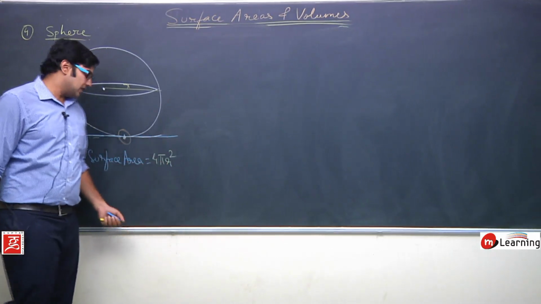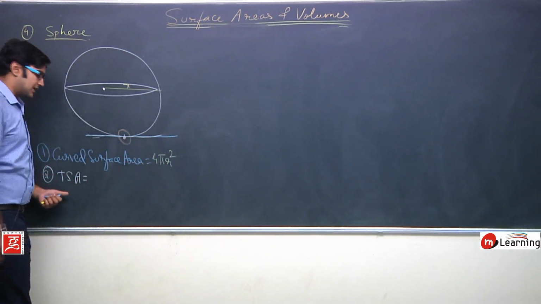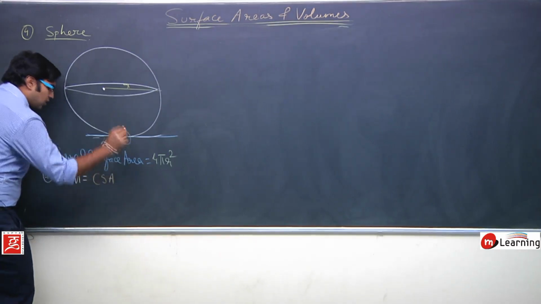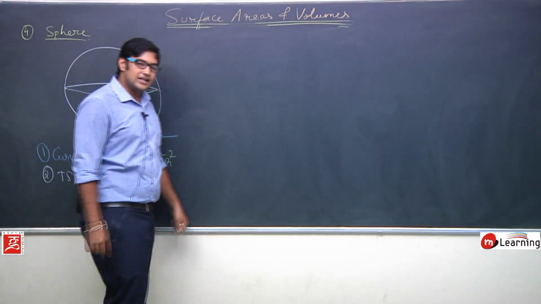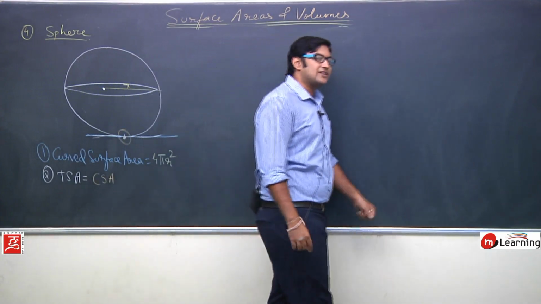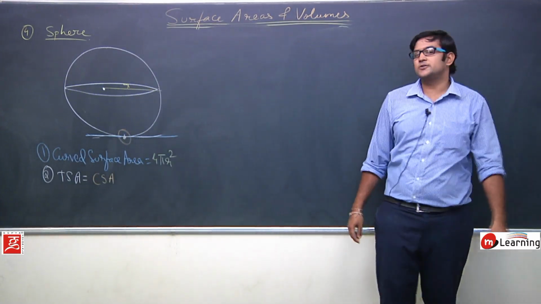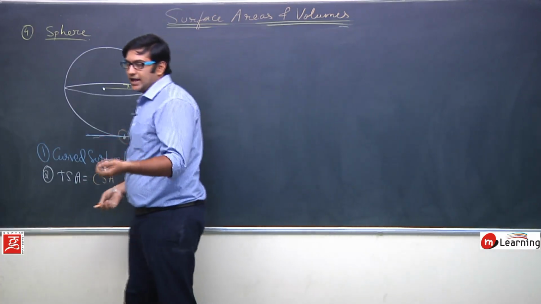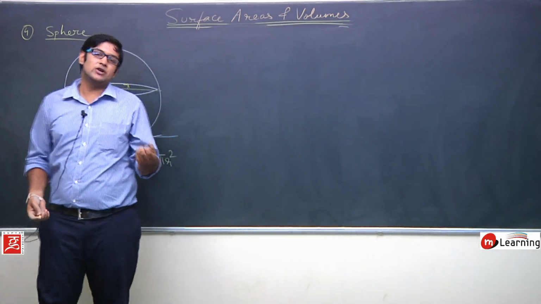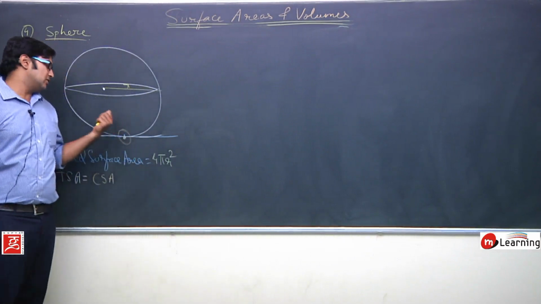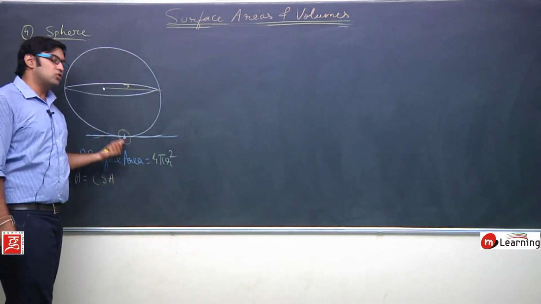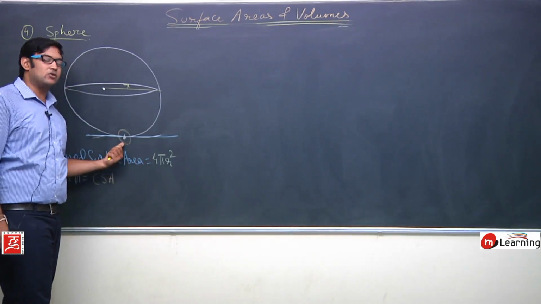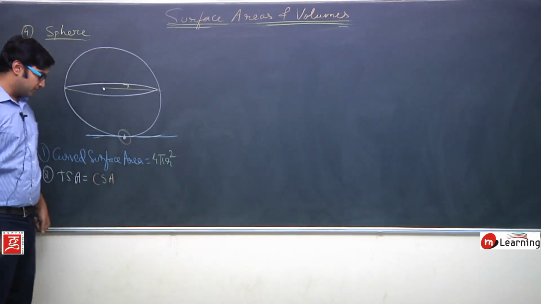Okay, that's why here total surface area is equal to curved surface area only, which means that total surface area and curved surface area of a sphere are equal. Okay, there is no difference, because area of the base of the sphere is equal to 0, because this sphere does not have any base. It is touching this ground only at a single point.